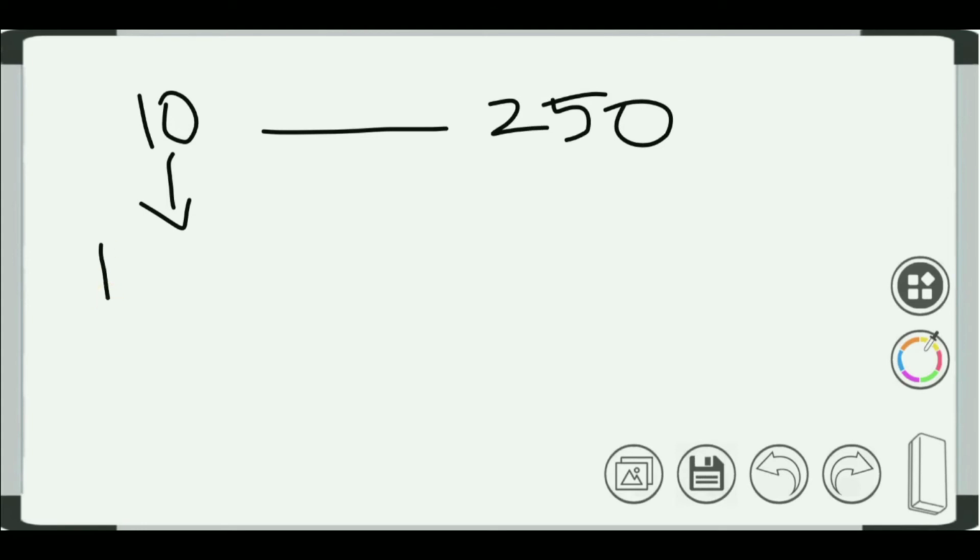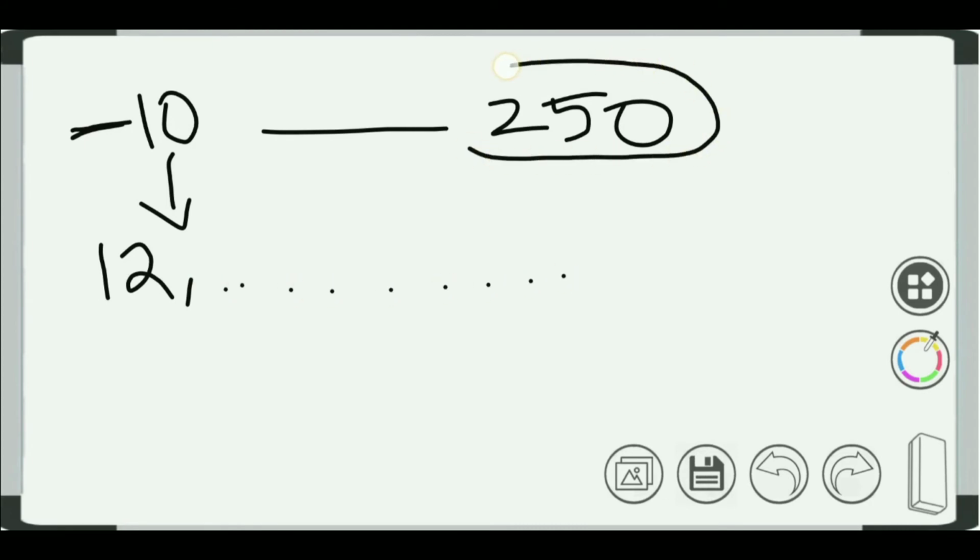So it will start from 12 because 10 is not a multiple of 4. Then see, is 250 a multiple of 4? No. So till where? You can divide 250 by 4 and see. 250 divided by 4.